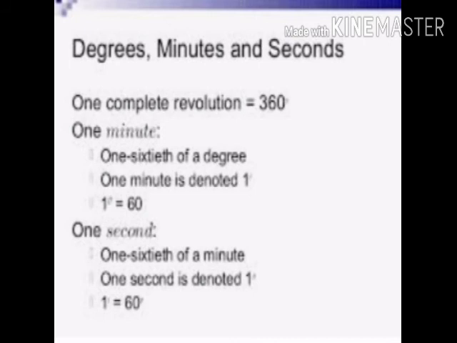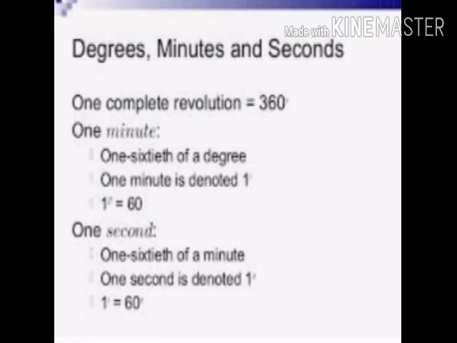Here we define degree measurement by imagining a circle with a clock. 1 hour is 60 minutes. So instead of 1 hour, we can take 1 degree. So in degree measurement, 1 degree is equal to 60 minutes.